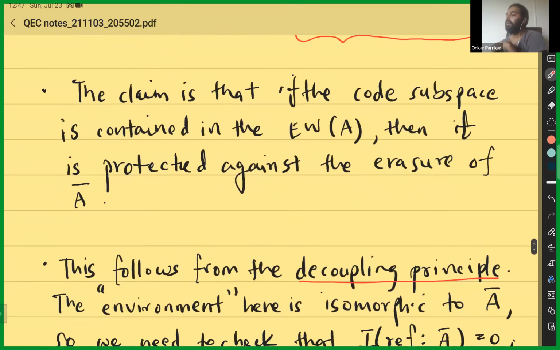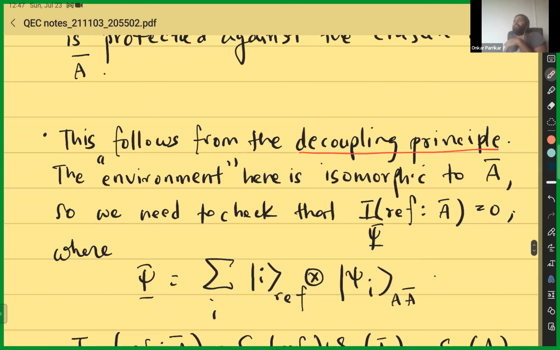Now, if you remember, the erasure of A bar, or the partial trace over A bar, we discussed this in the last class. You can think of partial tracing over A bar as basically bringing in an environment subsystem which is isomorphic to A bar and doing a swap operation.